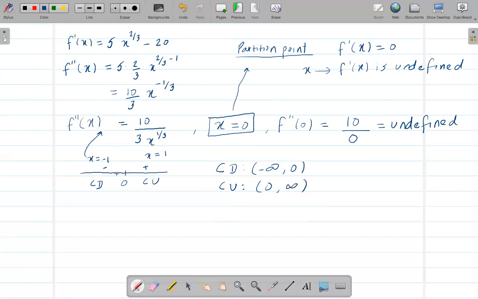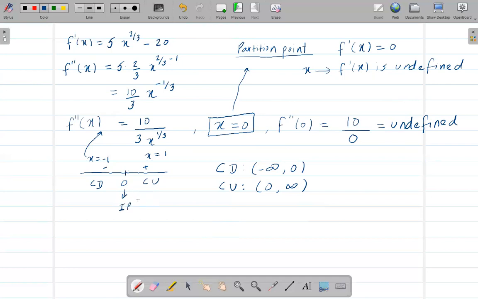And then, as we see, the sign changes here. So if there's a sign change, then this partition point in the middle will be the inflection point, or let me just write IP for inflection point.